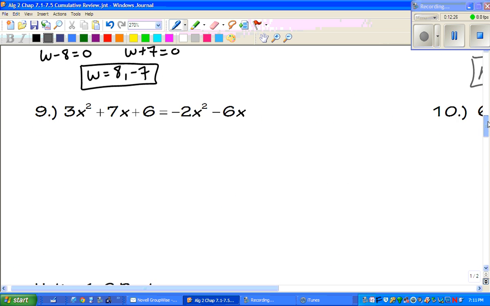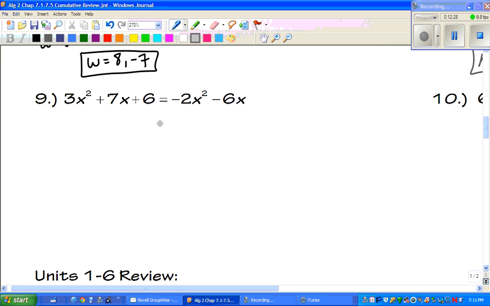Okay, number 9. Now, 9's a little different because we have variables on both sides. So what we have to do is figure out what our leading coefficient is. It's going to be one of those two. Now, I want ours to be positive, so 3x squared wins.